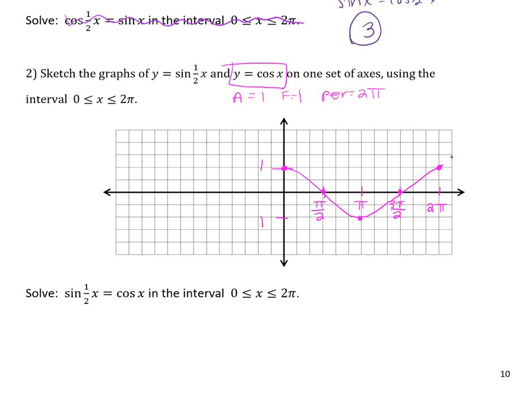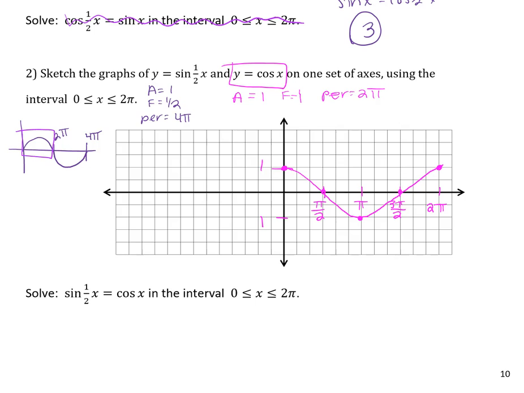Okay, so now I'm going to do sine of 1/2 x. The amplitude of the sine graph is 1, frequency is 1/2, which means the period, like the previous example, would be 4 pi. So that means this one whole sine curve you would see over 4 pi units, but we're only going to graph from 0 to 2 pi. So you're really only going to see this first hill.